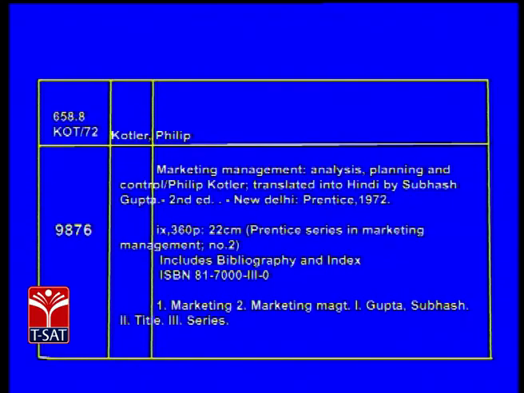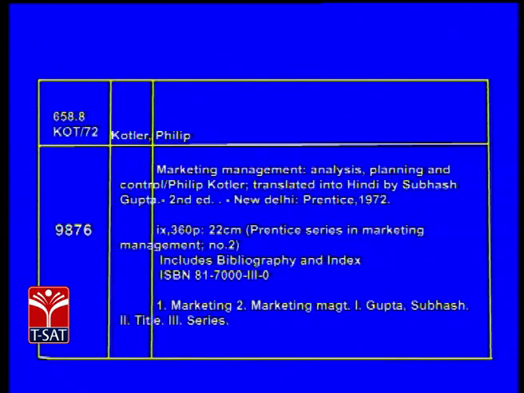These details will be given in the subsequent statement of responsibility as translated into Hindi by Subhash Gupta, then the area punctuation mark, and the edition information, the second edition, and again the area punctuation mark, and the publication details: New Delhi, Prentice, 1972. And after that, in the physical description area, the pagination details will be given, such as preliminary pages, that is 9, textual pages 306, size 22 centimeters, and within parentheses the series information.